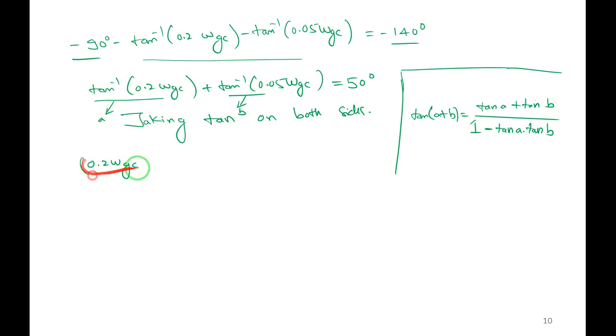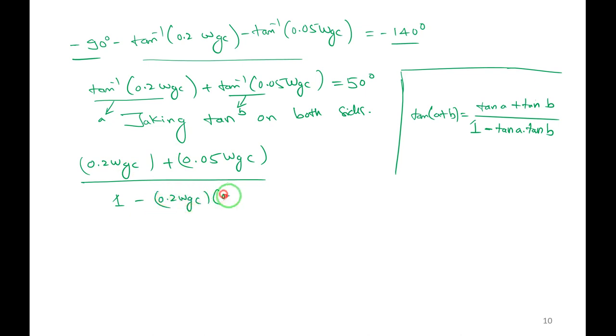Plus tan B, which means tan of tan inverse of this quantity, so I will get 0.05 omega gc. Tan A plus tan B divided by 1 minus tan A into tan B, means this into this, so 0.2 omega gc into 0.05 omega gc. If any doubts you can ask.